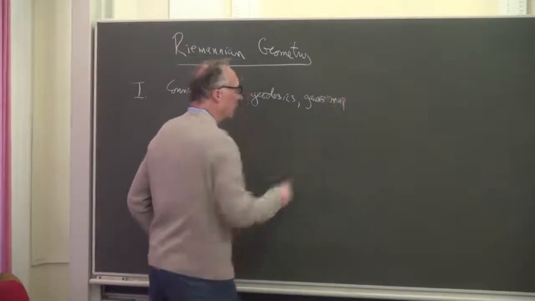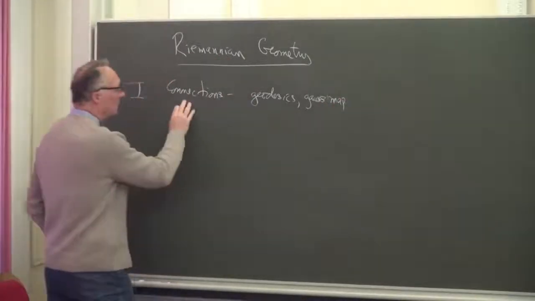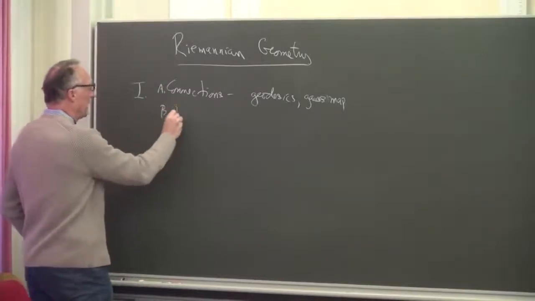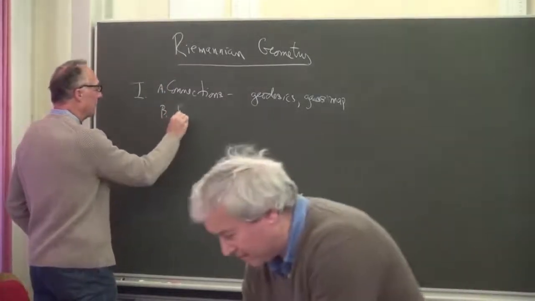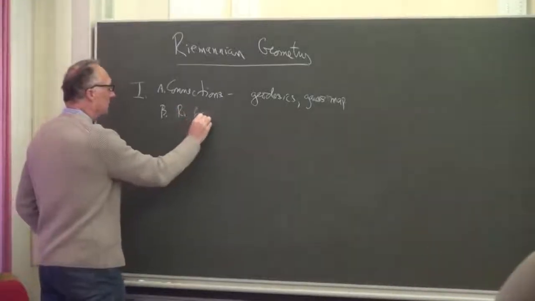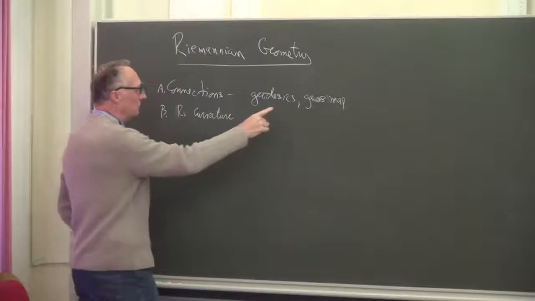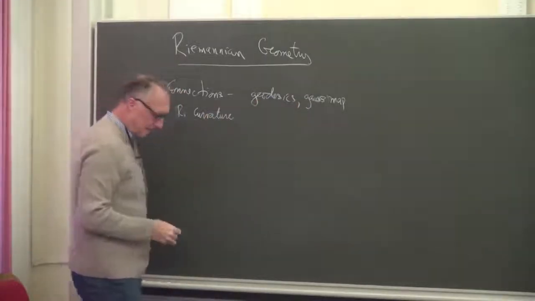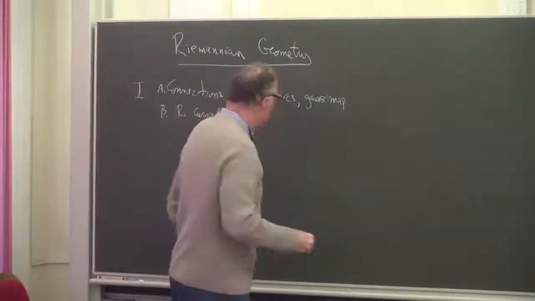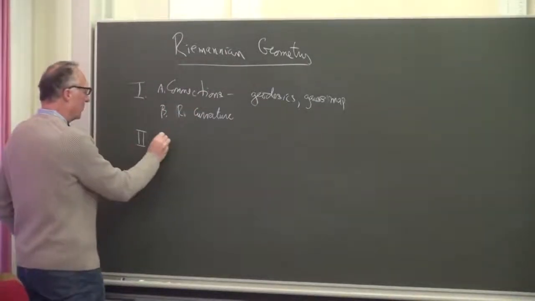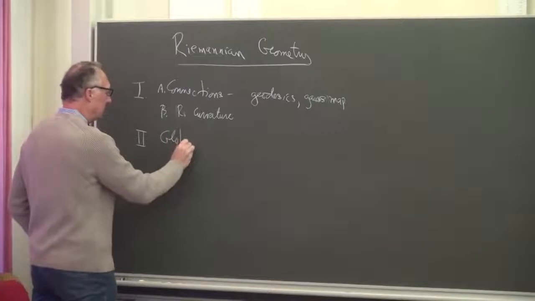So the local theory of Riemannian manifolds, and then talk some about curvature, Riemannian curvature, and its relation to the Gauss map and to geodesics. Then I'll talk about some of the more global aspects.